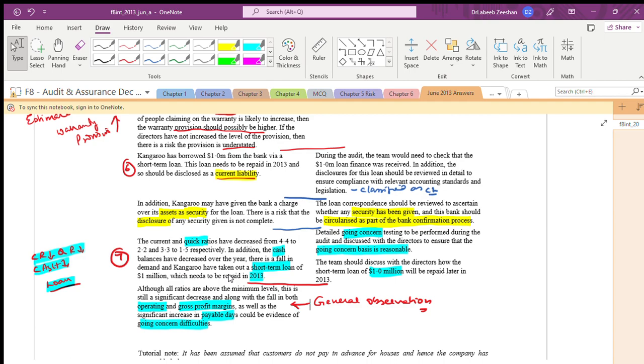It has a direct impact on the going concern. A detailed going concern testing should be performed and discussed with the management, to see whether the appropriate going concern assumptions or basis are reasonable, and how we are going to repay the 1 million loan.